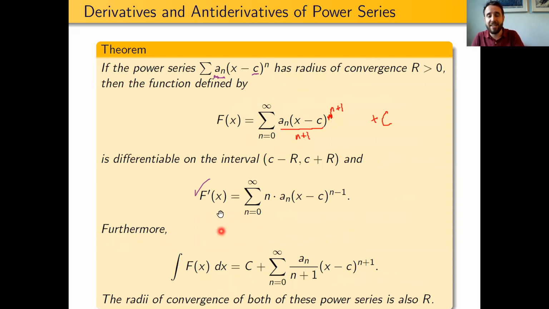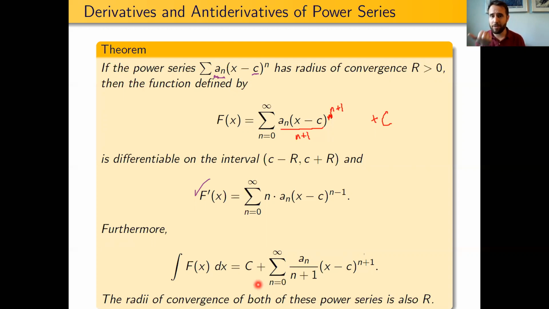So we see that not only can we calculate derivatives using the power rule, but we can calculate antiderivatives just as we normally would, by taking our exponent raised to the n plus 1, dividing by n plus 1, getting a new power series, and then adding on this plus c to introduce a new constant term. So the short version of this powerful theorem is this.